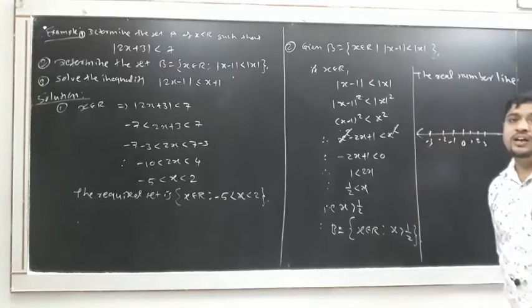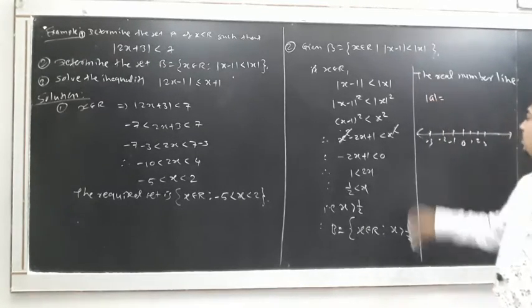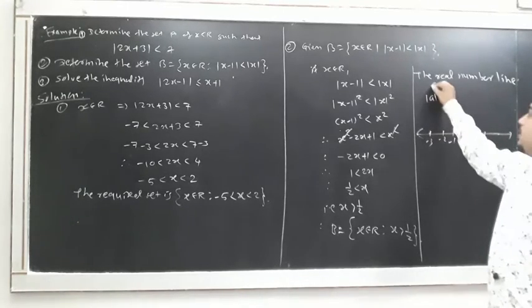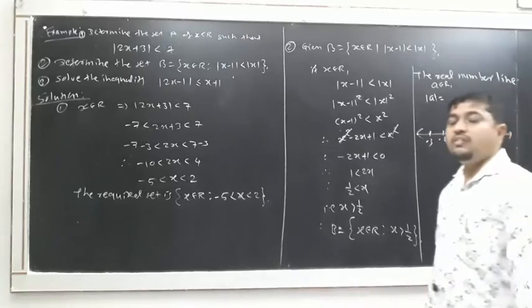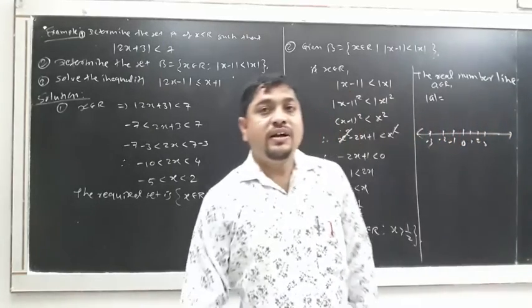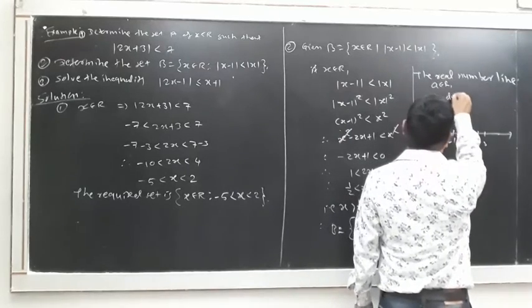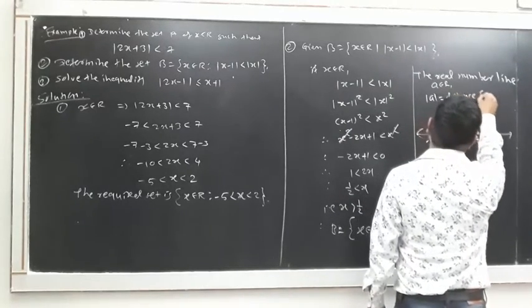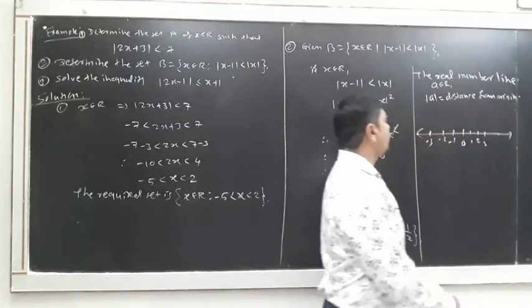This is the real number line. So what is mod of A, if A belongs to R? Mod A represents the distance from the origin.